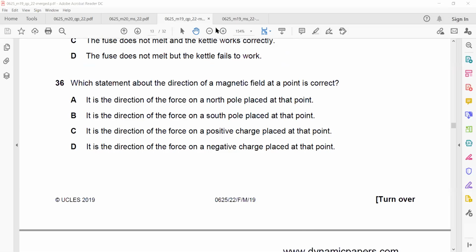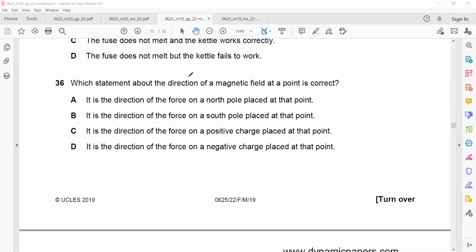It is the direction of the force on a north pole placed at that point. No, not the rule. You don't have to use Fleming's left hand rule, which is used to find the force on a charge in a magnetic field. But what they mean in the question is the direction of the magnetic field.